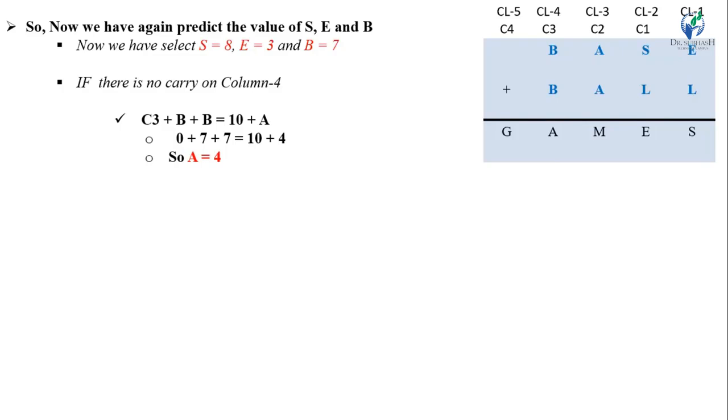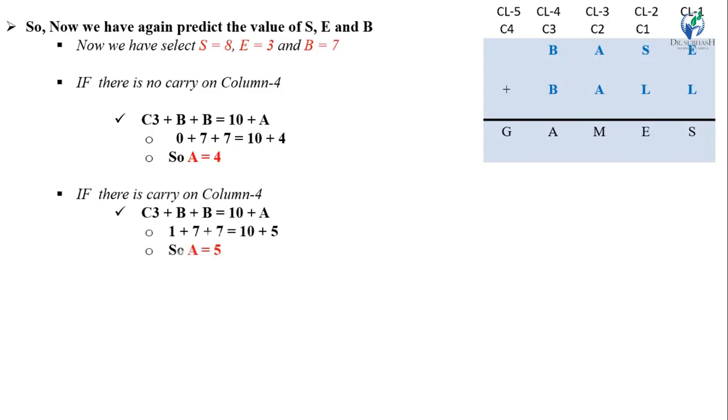So A is equal to 4. Next, if there is a carry on column 4, then C3 plus B is equal to 10 plus A, so 1 plus 7 plus 7 is equal to 10 plus 5.